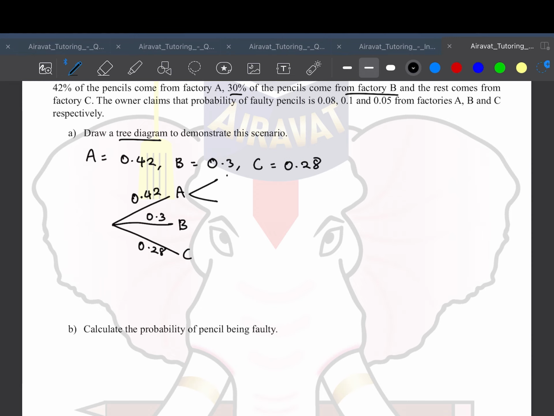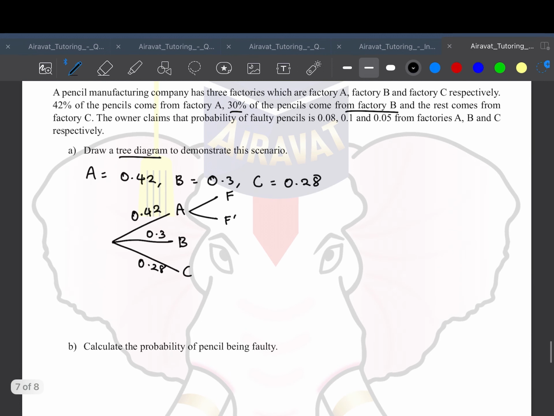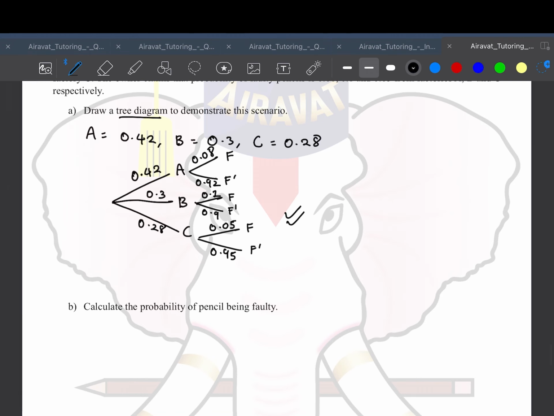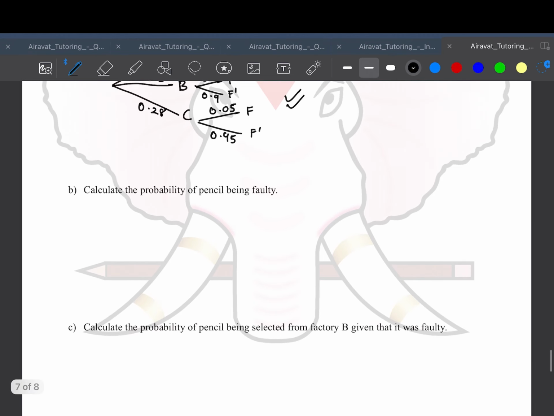Now the probability that it is faulty and not faulty. For factory A, faulty is 0.08 and not faulty would be 0.92. From factory B it is 0.1 and 0.9, and from factory C it would be 0.05 and 0.95. Okay, so this is your tree diagram done and dusted.